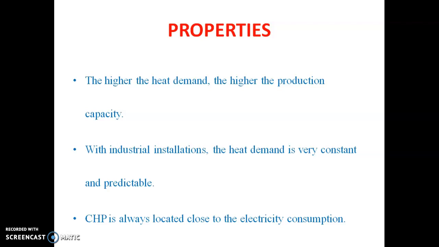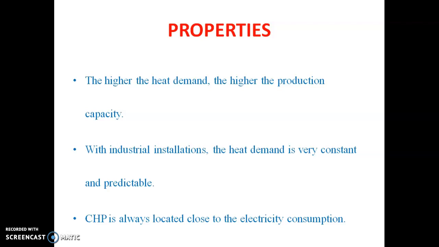When the electricity production is higher than the need, the excess heat will be cooled away and reduce the efficiency of the installation. In the same way, when the electricity production is less than needed, heat has to be produced in another way.